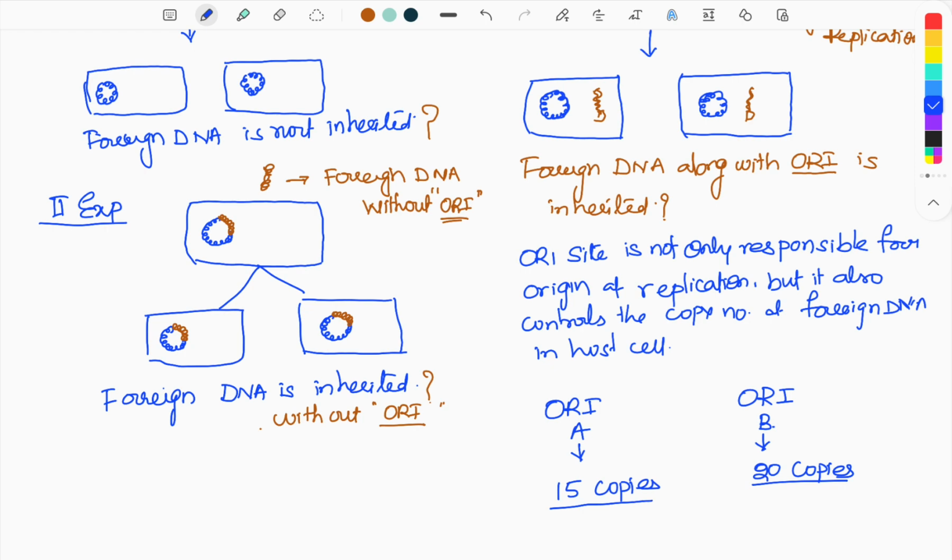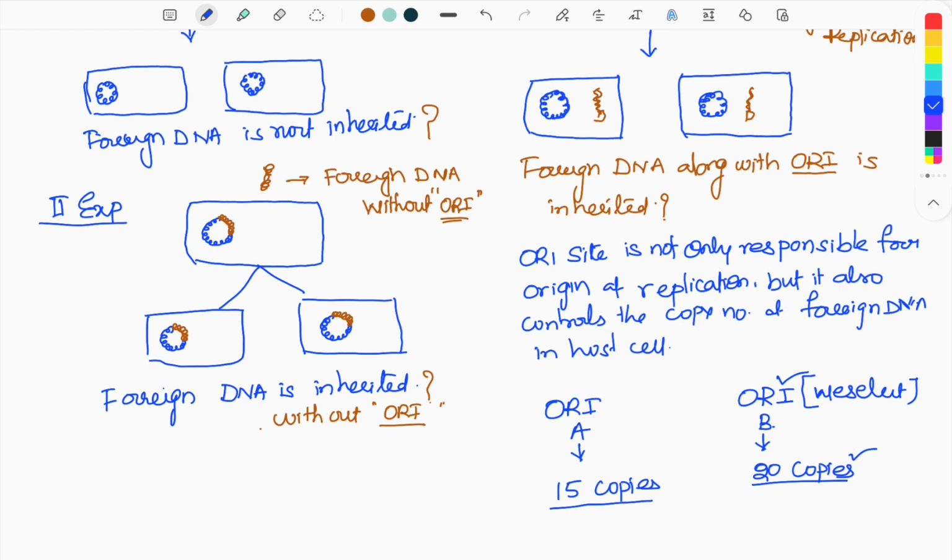So which ORI do we select here? We select ORI B. Why do we select ORI B? Because this ORI can support 20 copies.